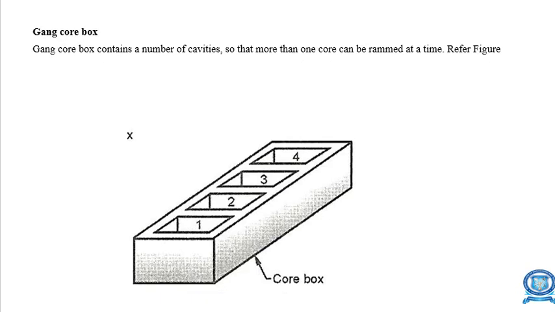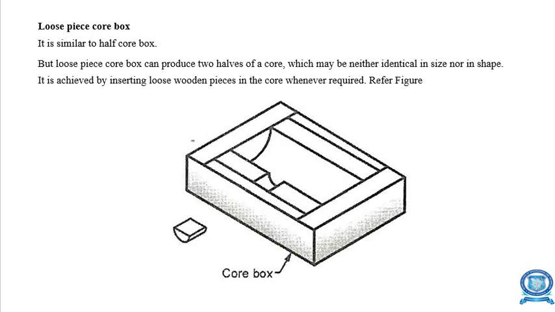Gang core box. A gang core box contains a number of cavities, but for a very simple structure of core, so that more than one core can be rammed at a time, like the diagram itself. Mass production is supported by the gang core box. Loose piece core box.